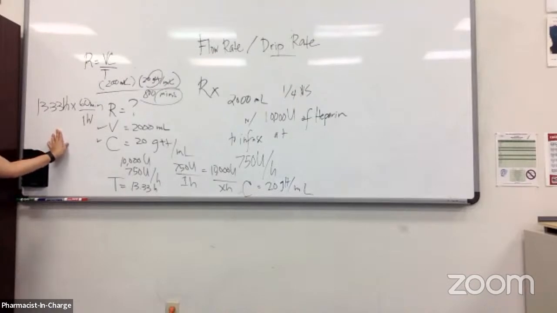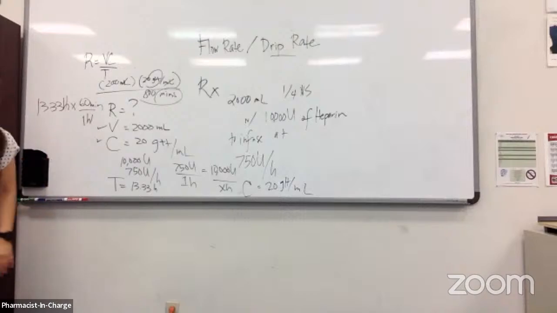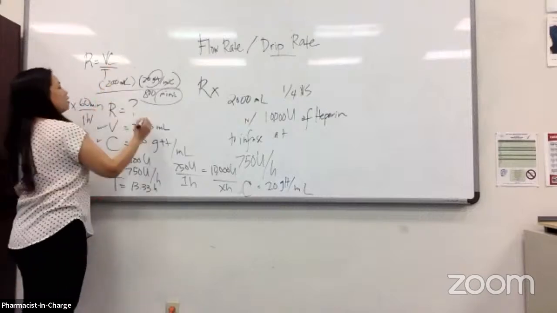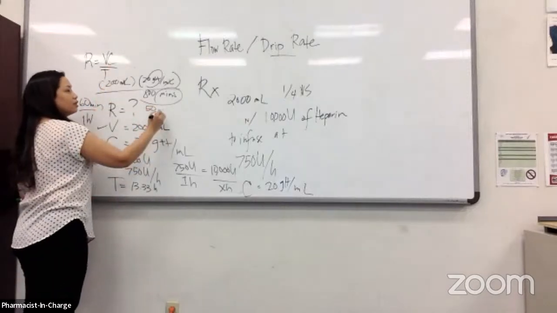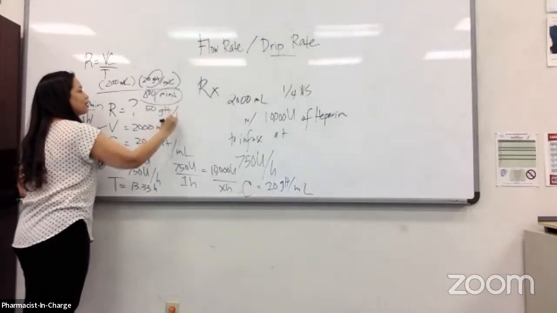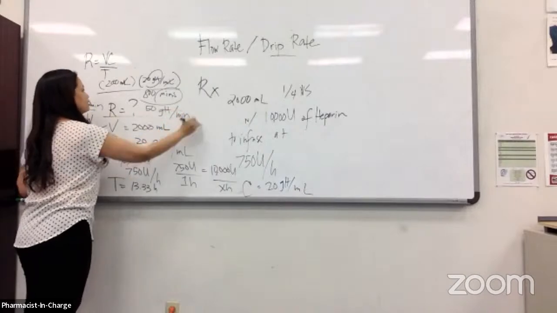Now proceed. 2,000 times 20, that's 40,000, correct? Divided by 800 gives you 50. So what is my R? 50 drops per minute.